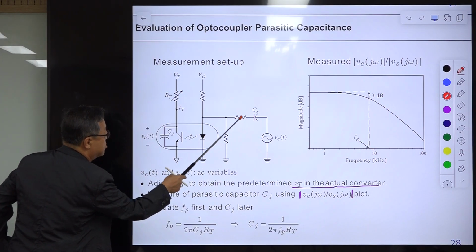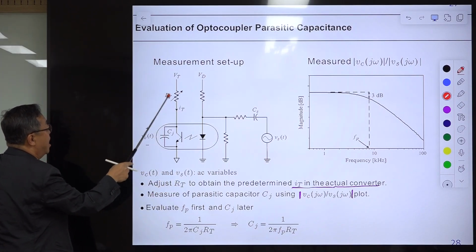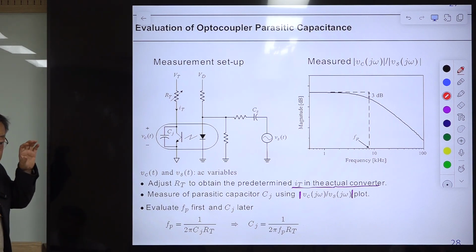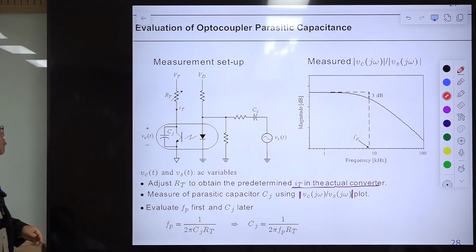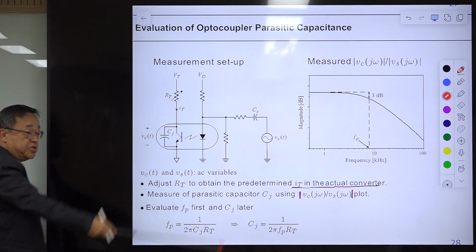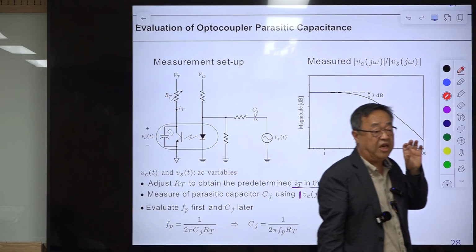AC is passing through this, and this is the DC, and IT should be the same DC value as the IT value in your application circuit. Okay, so you need to control this. So this IT is the same as the real IT in your application circuit.